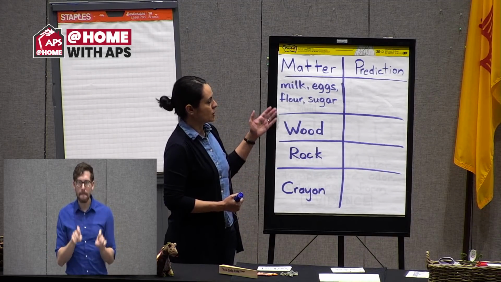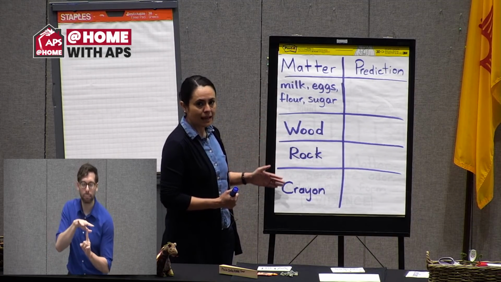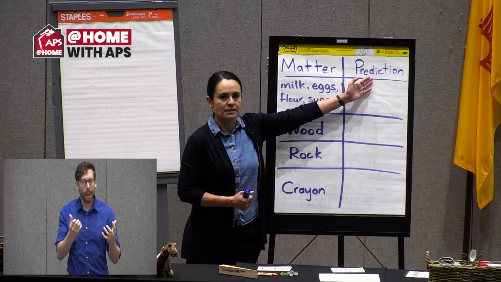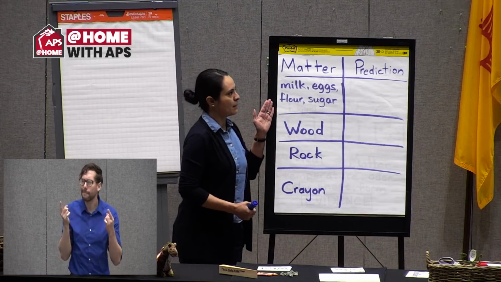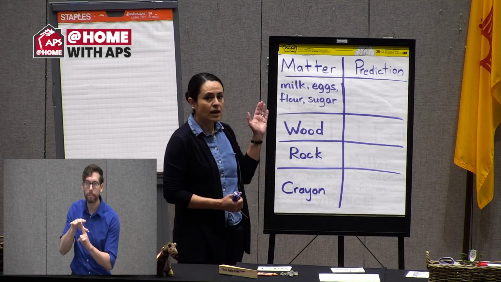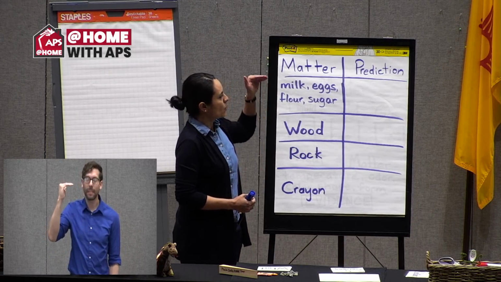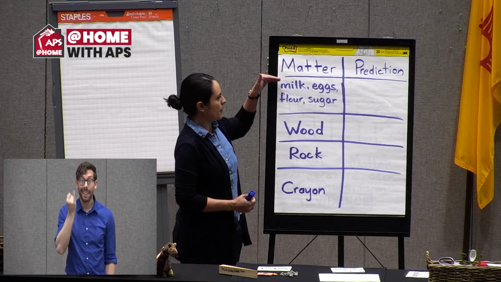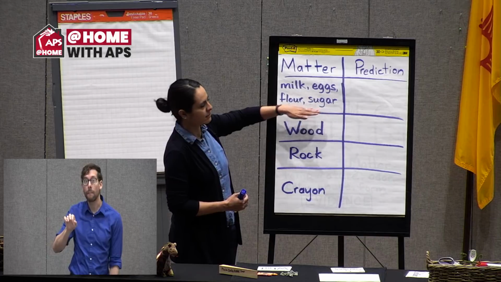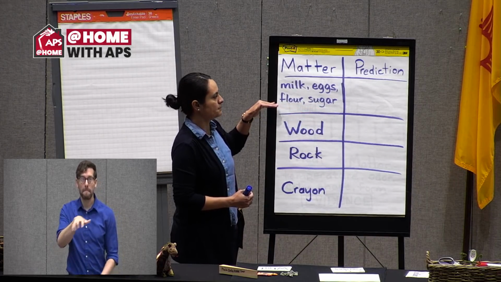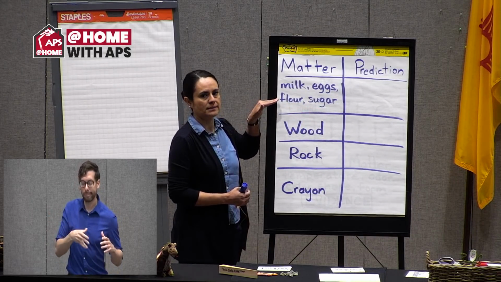I want us to go through each of the examples and make some predictions about what might happen when we add heat. The first example here is a list of food items. What if we mix together milk, eggs, flour, sugar, maybe some extra things as well, and we add heat to it?